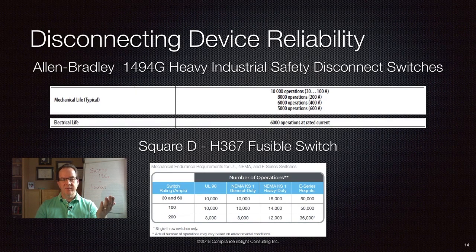And you could do the same thing with a valve. Valves that are intended for this purpose usually have an indicator on them so that you can tell when they're closed. You can back up either of these devices with a meter or a voltage indicator or a pressure gauge or something that will allow you to validate or verify that the pressure downstream has been released, or that there's no voltage present on the equipment.